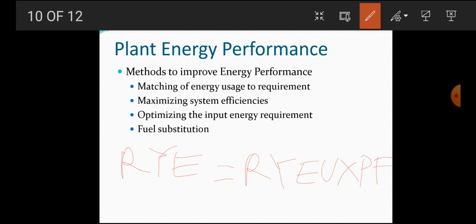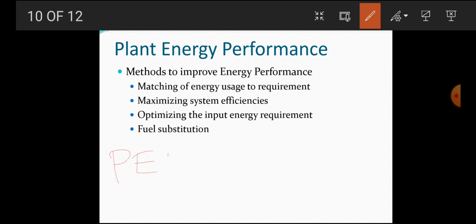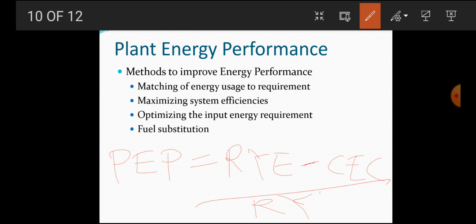Then plant energy performance. Plant energy performance will be the reference year equivalent energy RYE minus current year's consumption, divided by the reference year's equivalent.